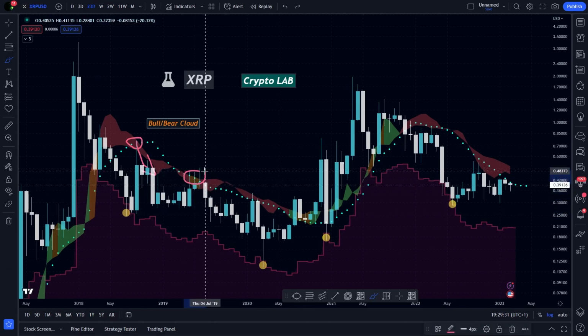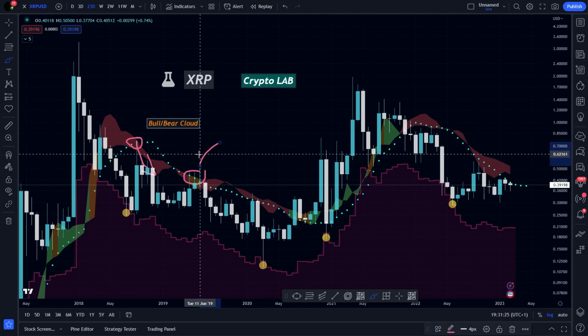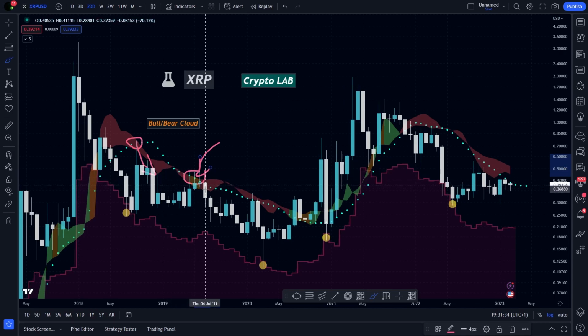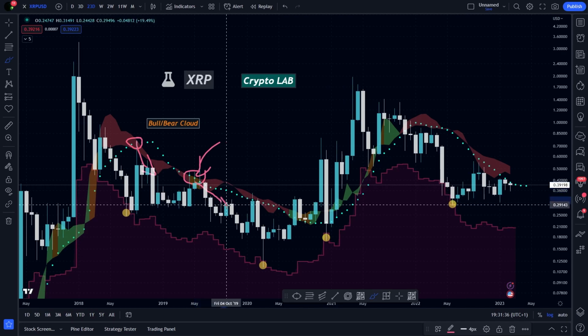These 3 rejections in a row were a clear indication that the market was not ready to transition into a bull market. This is proof that sometimes we just need to observe the market to understand what it wants to do. And those wicks piercing the cloud with the candles not able to close above the cloud were a sign that the bear market would continue.